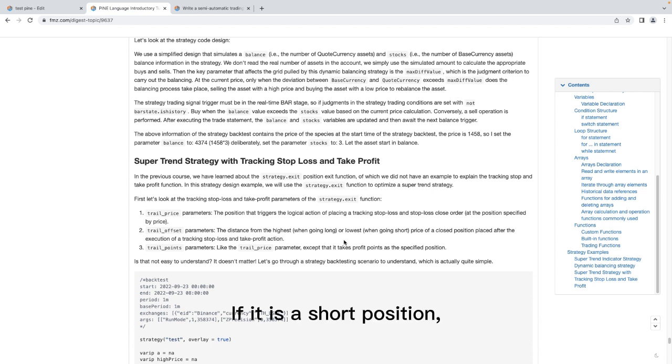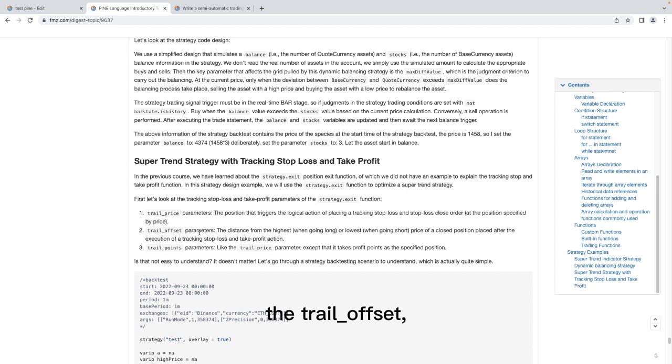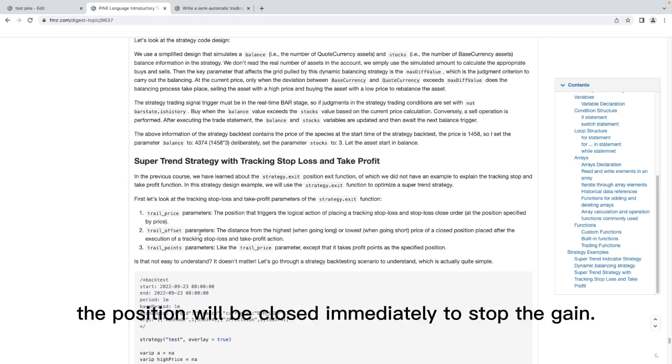If it is a short position, the lowest price will be monitored. That is, if the price is withdrawn and the distance from the highest or lowest price exceeds the trail offset, the position will be closed immediately to stop the gain.